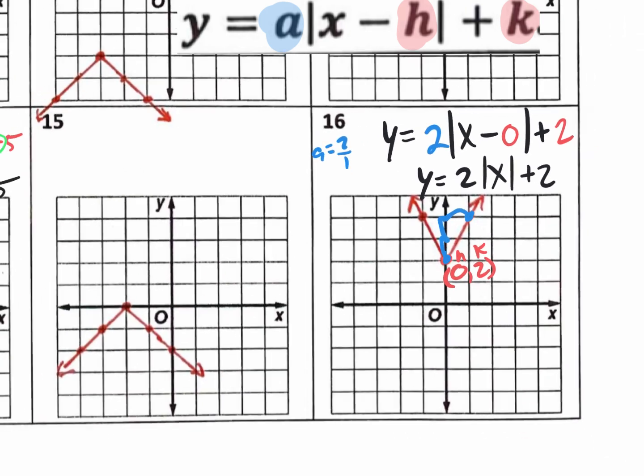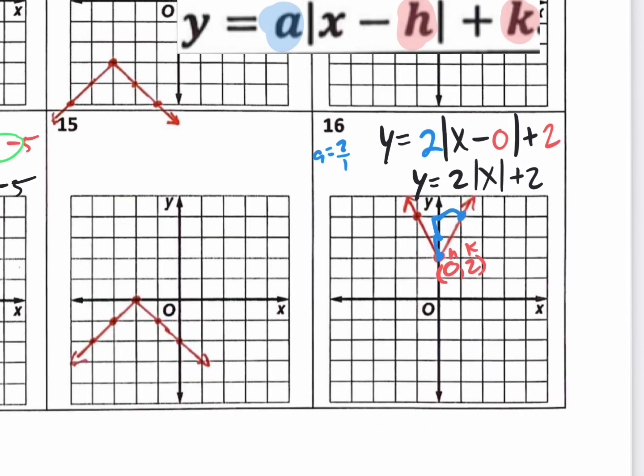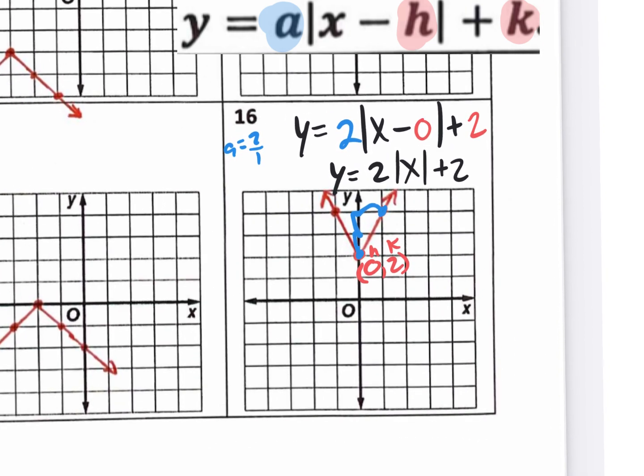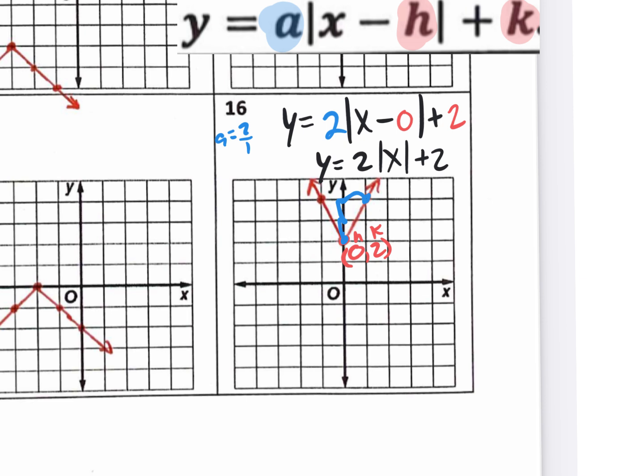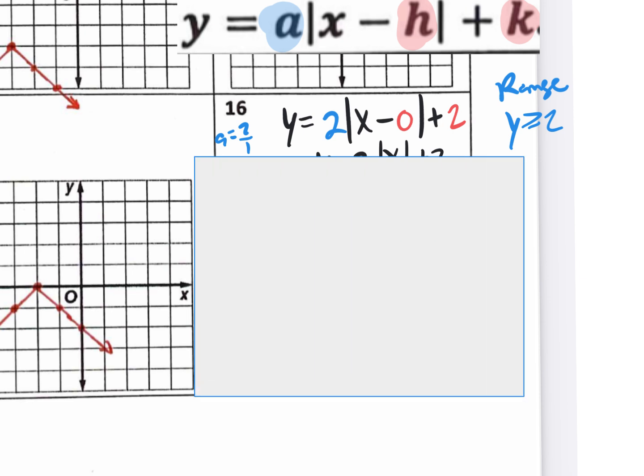And of course, you should always be able to state the range of any absolute value function. You could visually see that it exists at the y value of 2 and above. So the range is y is greater than or equal to 2. But you technically don't even need to see the graph.